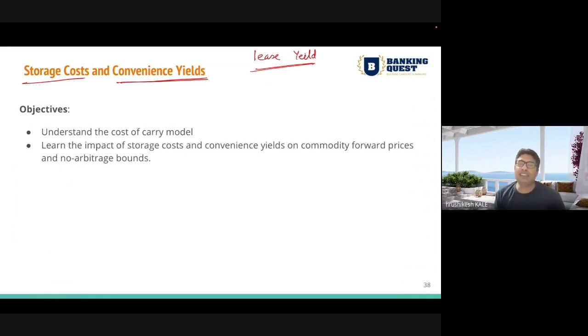Convenience yield is something, let me reword it. Because you are keeping that commodity or that asset with you, you are getting the benefit, and that is called convenience yield.